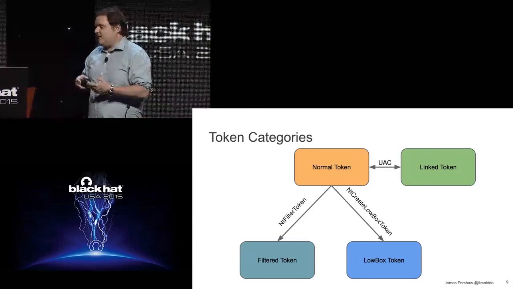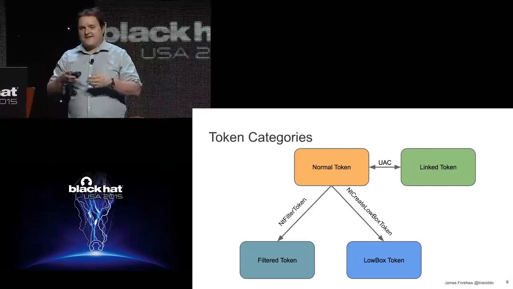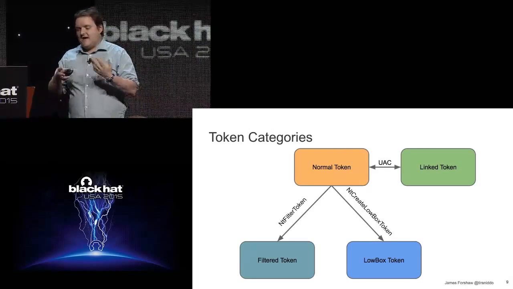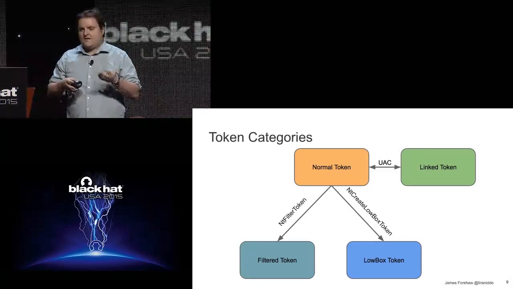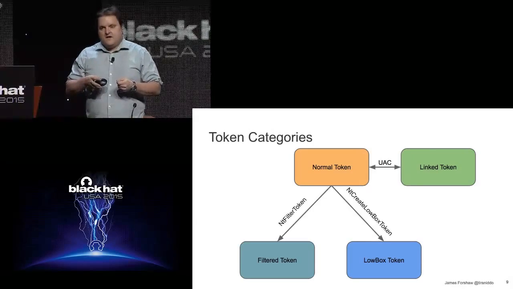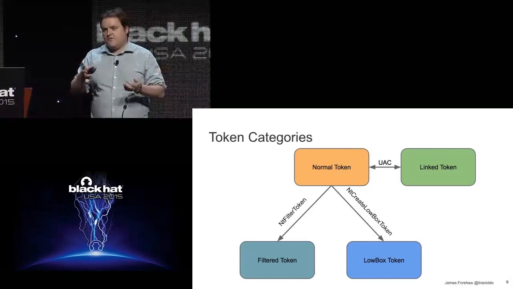Now, it would be too simple if it was just a single type of token, because there are many scenarios in which you may find yourself. So I've broken this down into four main types of tokens. You could probably argue for different categorization. But the main one you would normally see, the normal token, is the one you would run as a normal user.